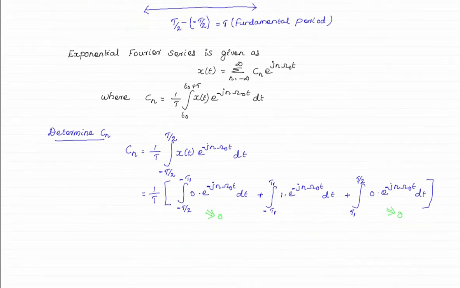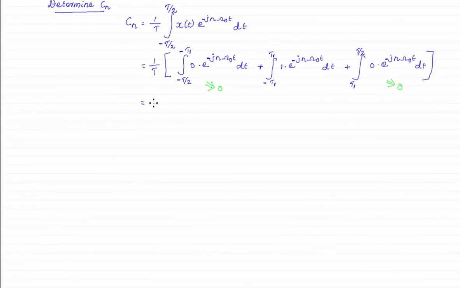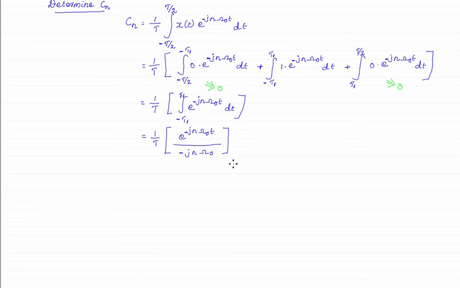Here the first term and the third term are changed to 0 because the input x of t is equal to 0. Now Cn is equal to 1 by T integral minus t1 to t1 e power minus jn omega naught t dt. The integration of e power minus jn omega naught t dt is equal to e power minus jn omega naught t divided by minus jn omega naught, and it is ranging from minus t1 to t1.